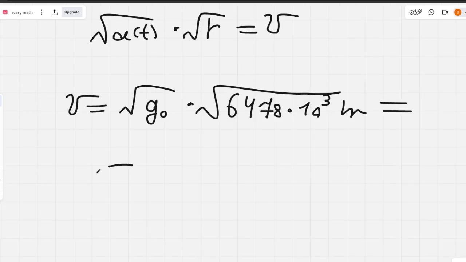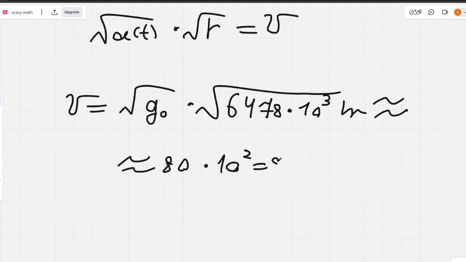Now, my calculator says that the square root of 6,478 is around 80. So let's approximate it as 80 times 100, so 10 squared. It's going to be 8 kilometers per second.